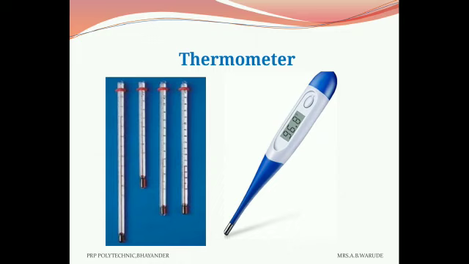These types of thermometers are used in laboratories to measure the temperature. On the right hand side, this is also one type of thermometer and it is used to measure the body temperature in degree Fahrenheit or degree Celsius.